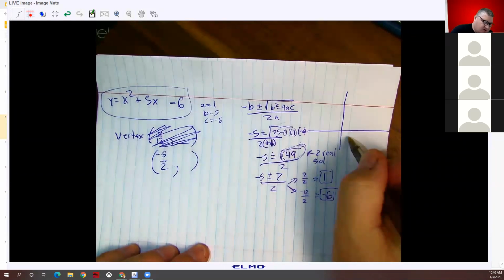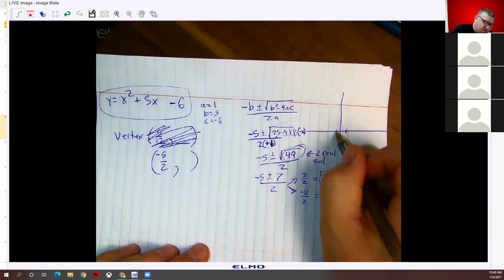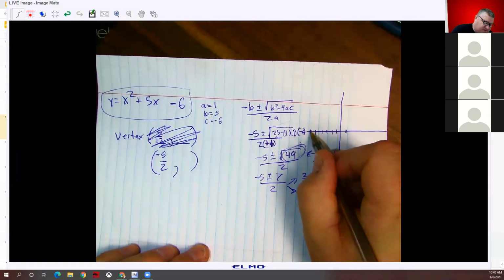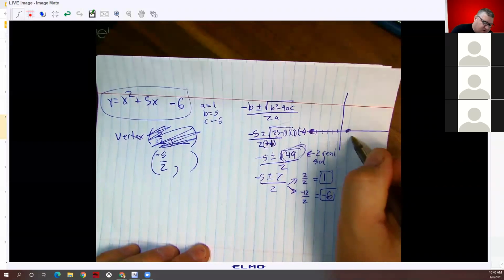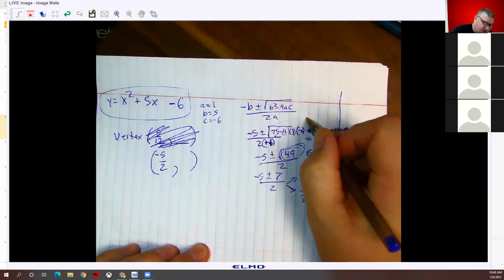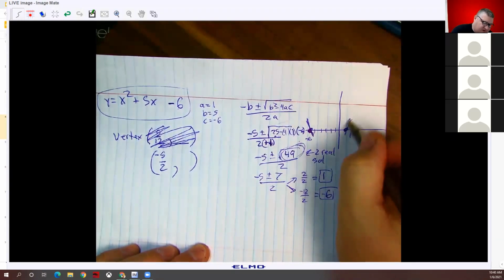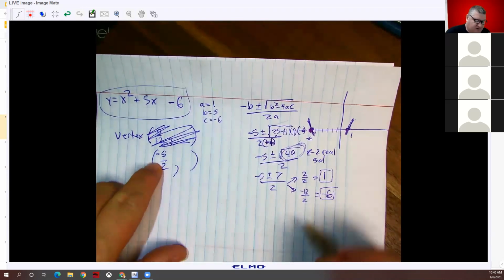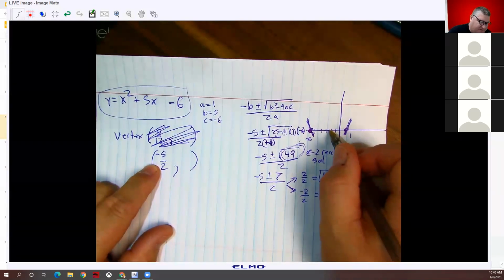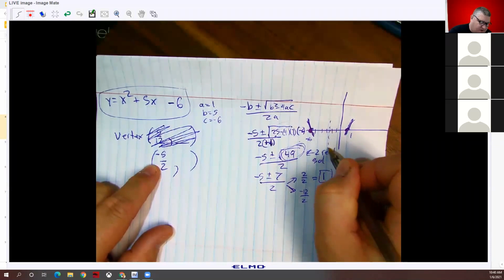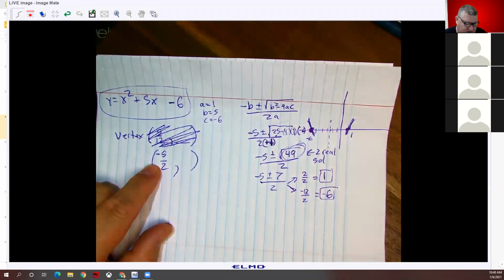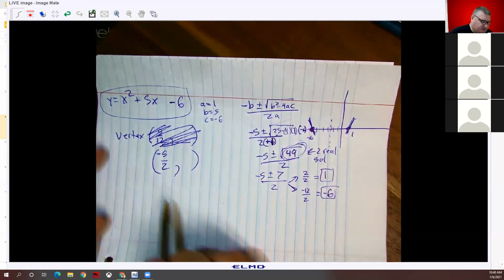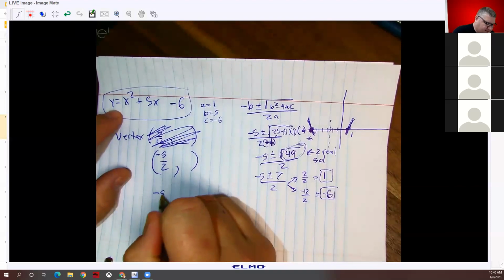There we go. So 1, and 1, 2, 3, 4, 5, 6, here and here. 1, negative 6. That's going to open up, looks like this. We already know it's going to cross at negative 2.5. So we have the vertex somewhere at negative 2.5. All I have to do is finish plugging it in.